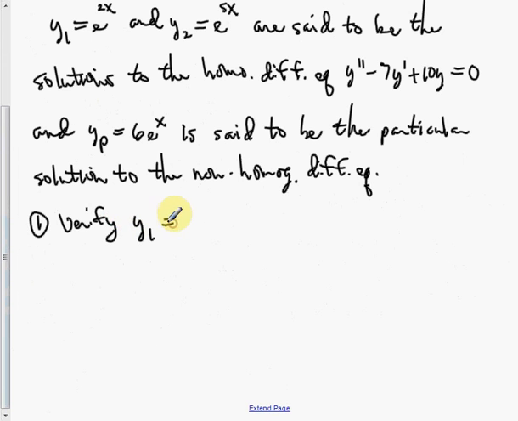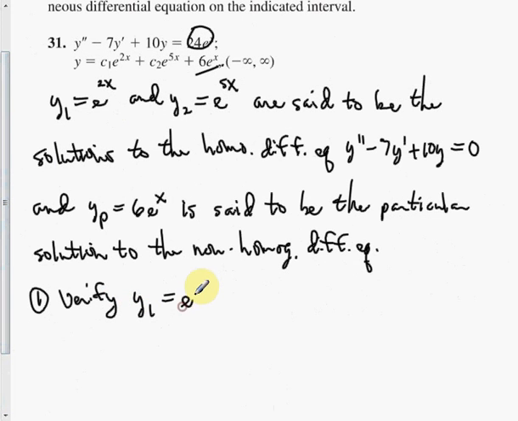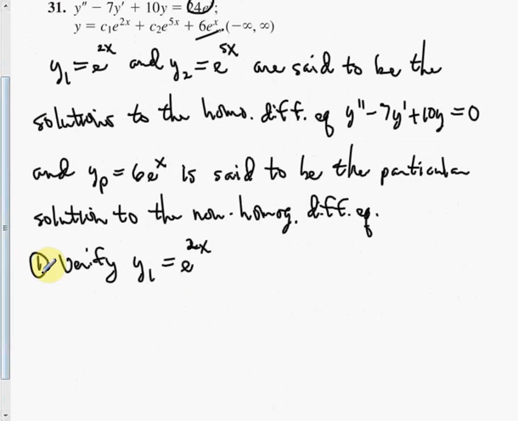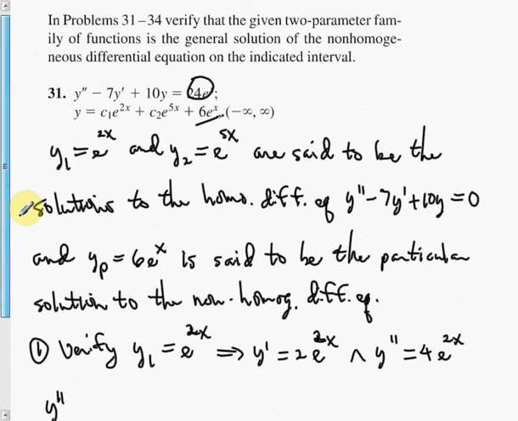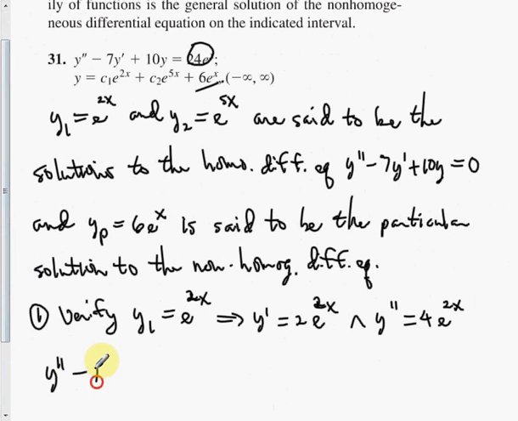that y sub 1 is equal to e to the 2x. So this implies that y prime is 2 times e to the 2x, and y double prime is 4 times e to the 2x. So what we have is y double prime minus 7y prime plus 10y, that has to equal 0.